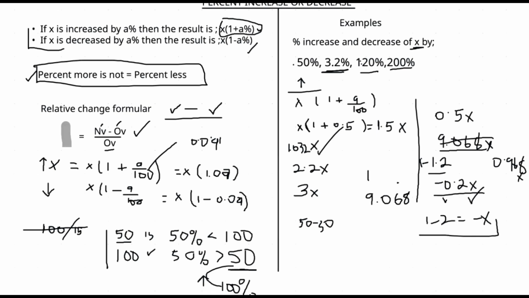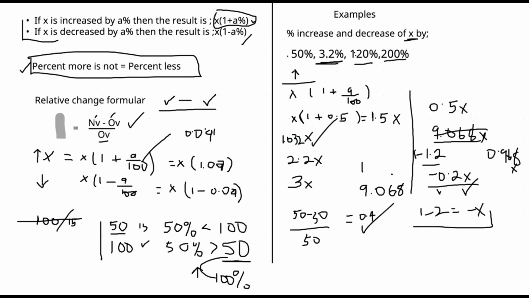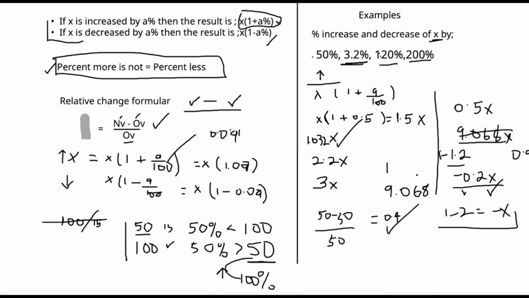Now you have 50 minus 30 all over 50. So you have 20 over 50, which would be 0.4 or 40%. So that's how you apply your knowledge of percent increase or decrease to solve problems.